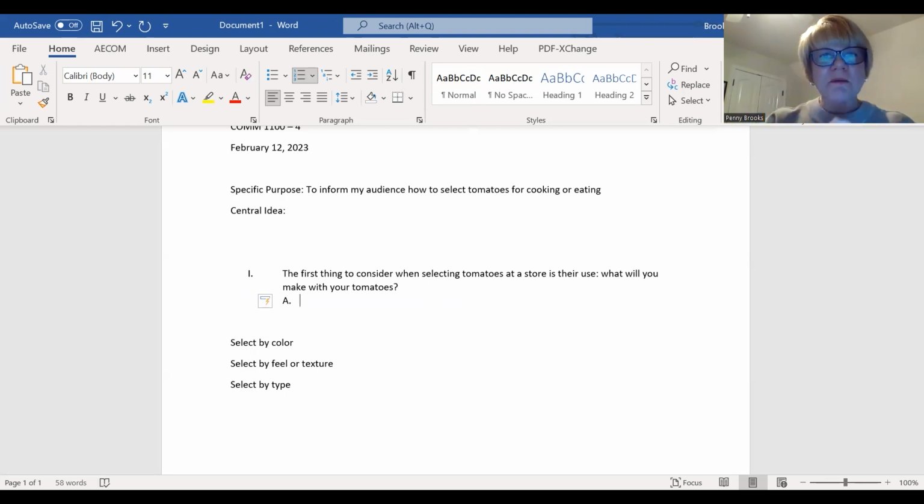So my subpoints to my main point: first thing, what they're used for. What will you make with your tomatoes? And we're talking about what type. Something we can say is there are many uses for tomatoes.